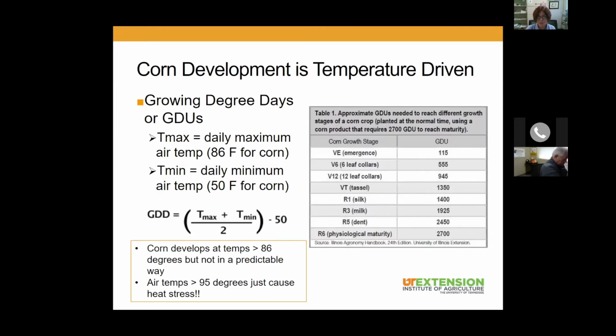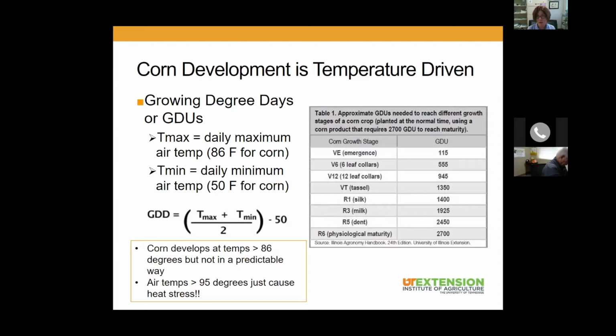Because we've got a lot of folks looking at ears. We've had some unusual weather this year as far as the heat in the summer, and we had, again, one of those cool springs. The thing about corn: soybeans, obviously, when they start blooming, are photoperiod sensitive, and that tends to drive reproductive development. For corn, pretty much everything is temperature driven.